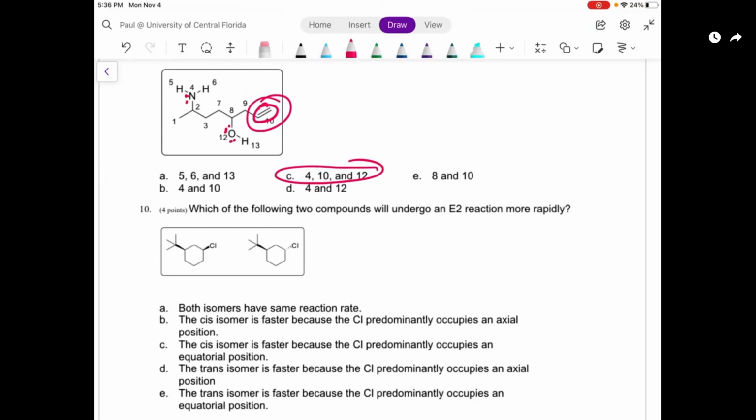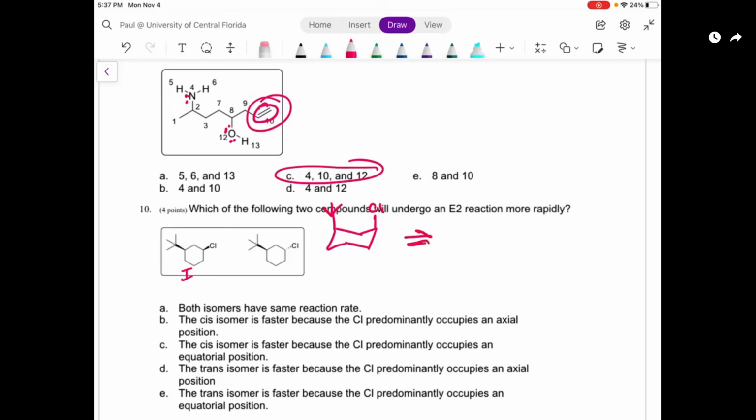Number 10. Which of the following 2 compounds will undergo an E2 more rapidly? This one is a pretty cool problem. If you take a look at the chair conformations, if we take a look at compound 1, we'll put the tert-butyl there and then the chlorine there.